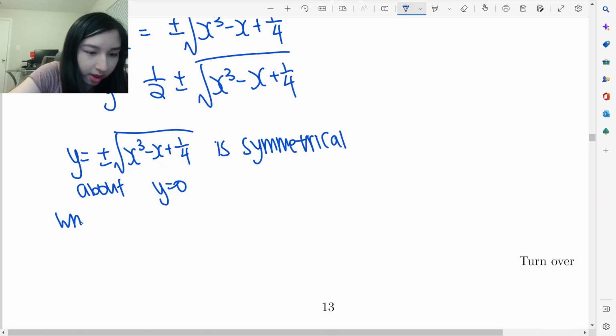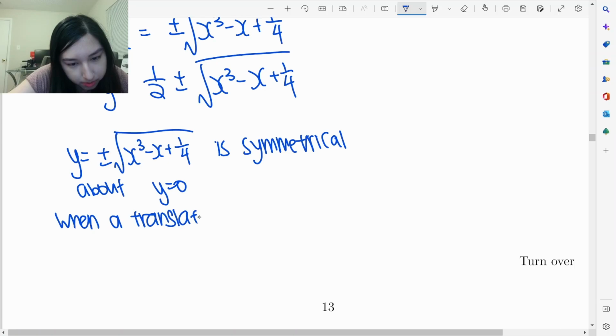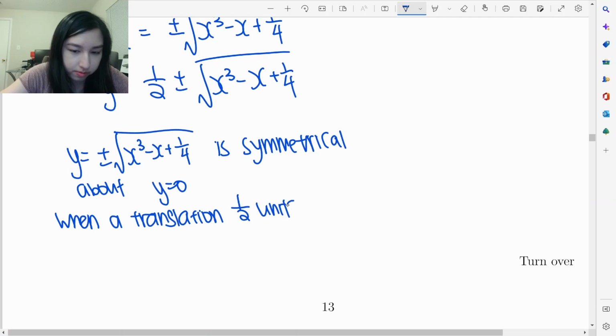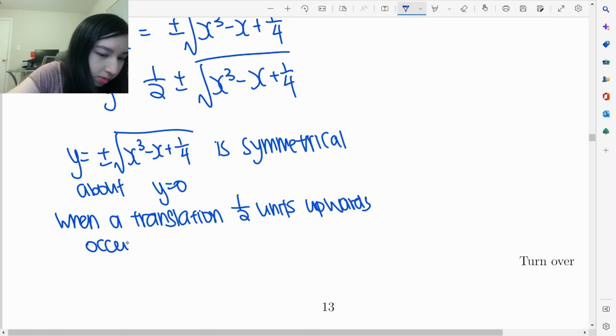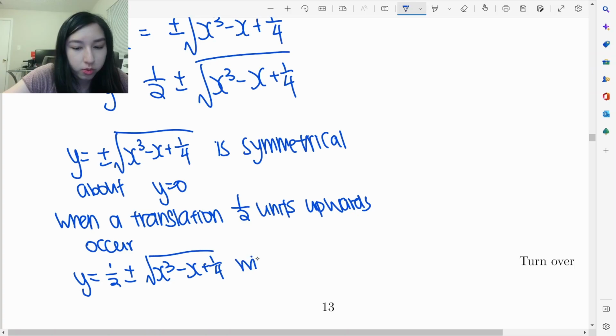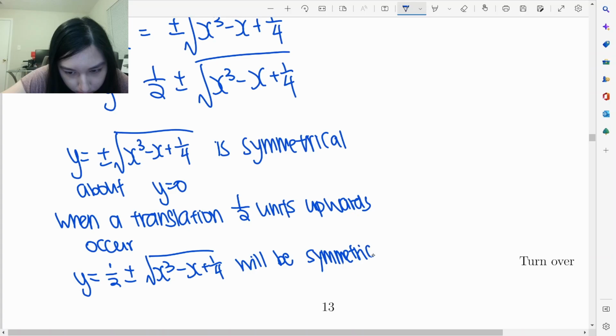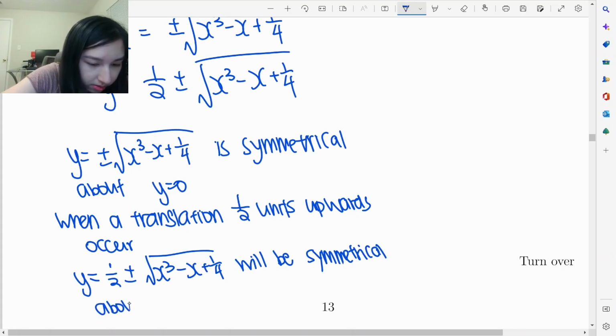So when a translation half units upwards occur, y equals 1/2 plus minus square root x cubed minus x plus 1/4 will be symmetrical about y equals to 1/2, which equals to delta.